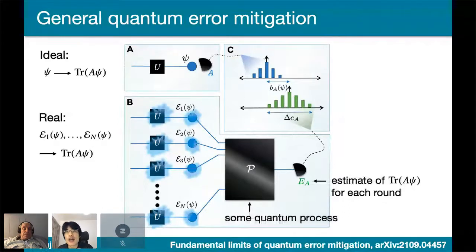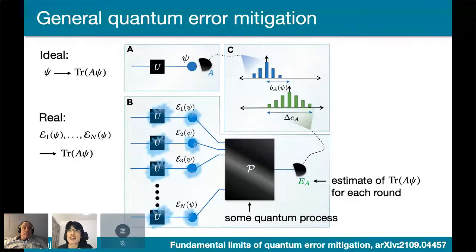This P is some quantum process. This might involve some additional gates or quantum measurements, which is important. If you make a quantum measurement, you get some classical measurement outcomes. So P involves everything: you might apply some additional quantum process, and also terminate that process with some quantum measurements, and you get the classical measurement outcomes out of that.